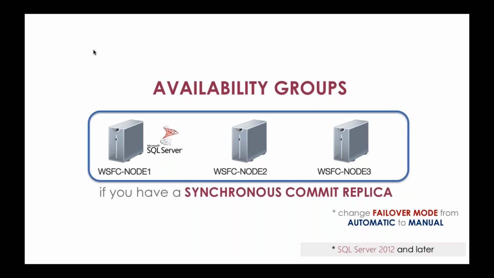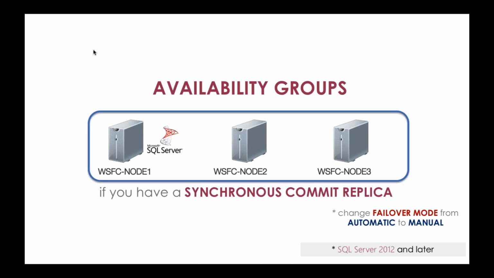And why do I say that? In failover clustered instances, you would use either cluster.exe, not recommended, it's deprecated, PowerShell, or the failover cluster management console to remove the node from the possible owners list.